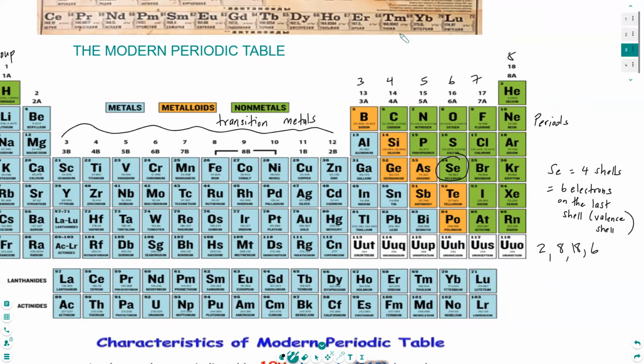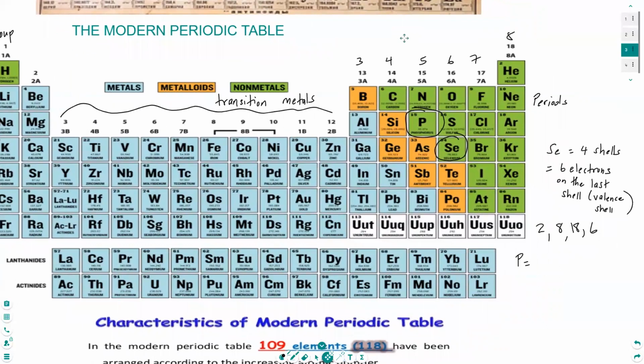All right, so let's look at another one that you're more likely to get. For example, phosphorus. Without having to do much work, we can look at where it is located. Phosphorus is located in period 3, so it means that phosphorus has 3 shells in total, because it is in period 3.